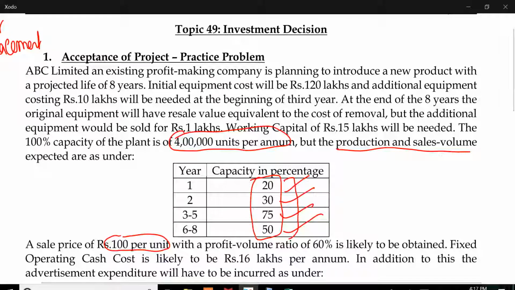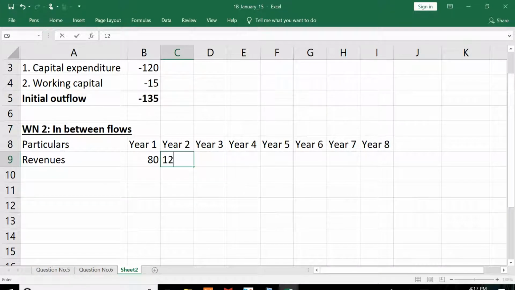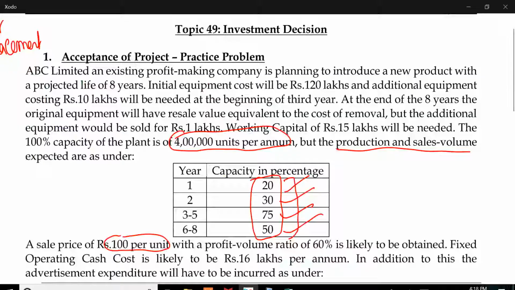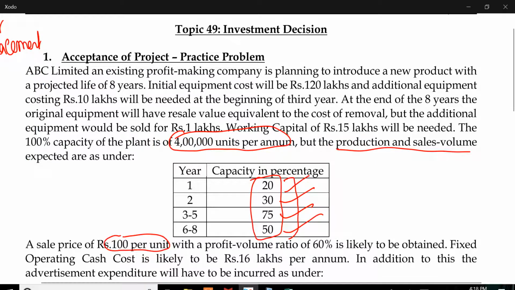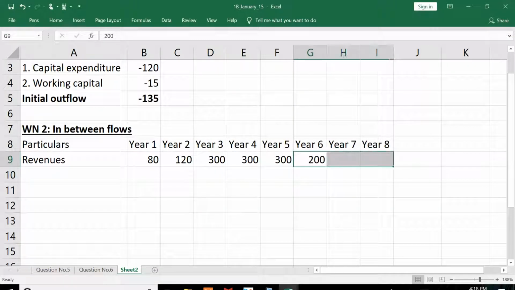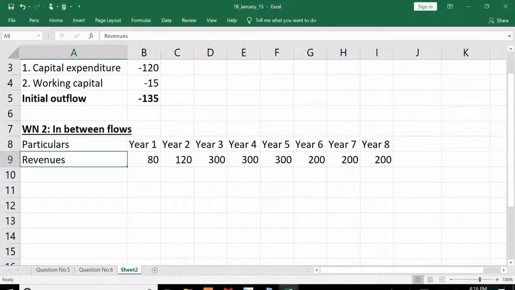Then into 30%: 4 lakhs into 30% into 100, 120. Then we have same for 3, 4, 5. Same for 6, 7, 8: 4 lakhs into 50% into 100 rupees.